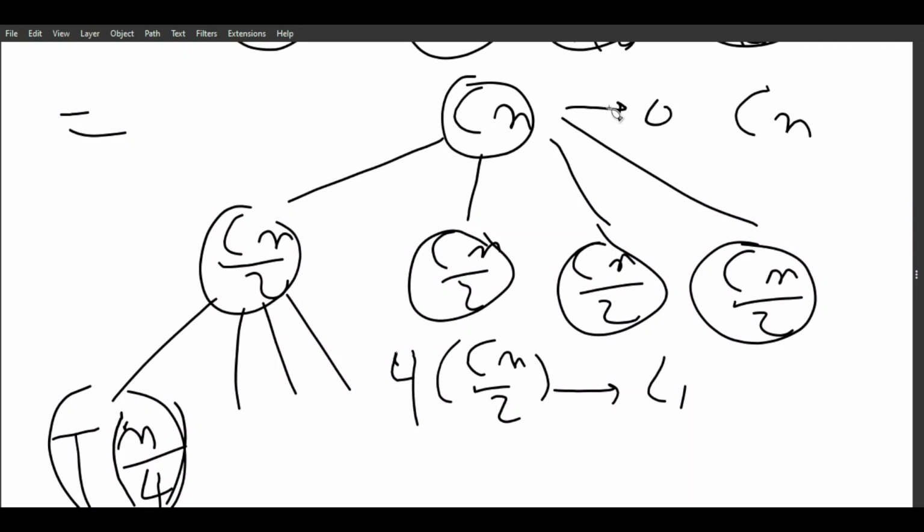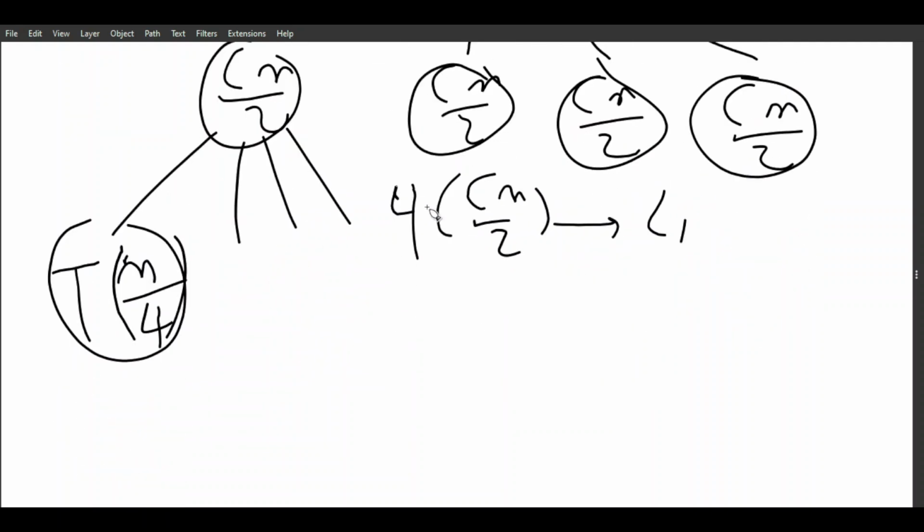So root we have 1 child, having weight Cn. Next level we have Cn by 2, 4 children. So pattern you can see, number of children are getting multiplied by 4, and problem size is getting divided by 2. So very simple pattern, just continue with it. Then we get next level like this, 4 square Cn by 2 square.